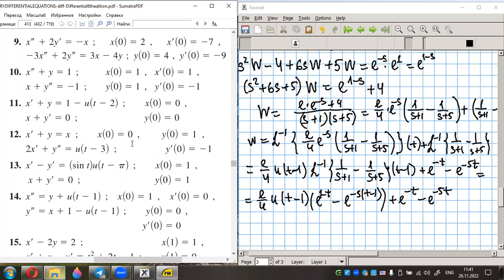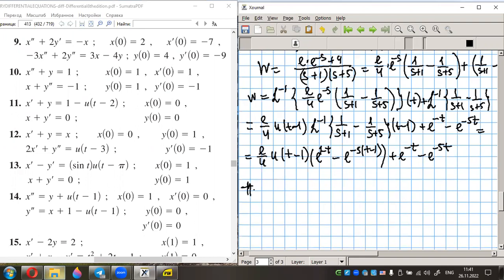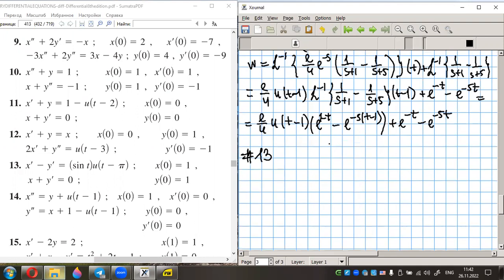Okay. For example, 13th. Yes, okay. Number 13. What we have here: x prime minus y prime = sin t u(t minus pi), x(0) = 0, x plus y prime = 0, y(0) = 1.